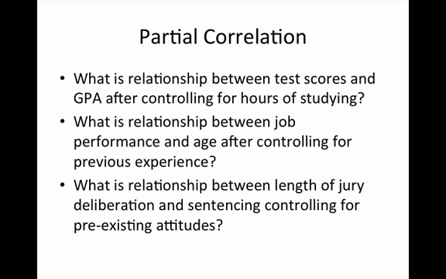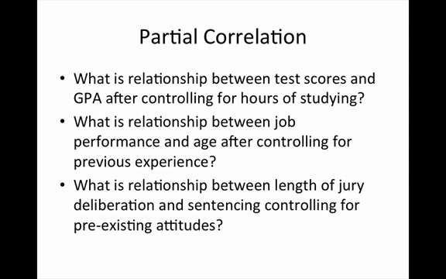Now, partial correlation is a technique that was designed to address these issues where we can't measure every possible variable that we think is also going to influence our relationship. So in the first case, I want to know what the relationship is between test scores and GPA.